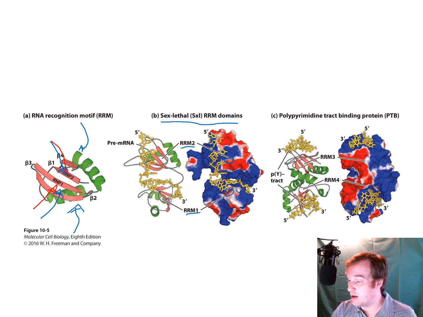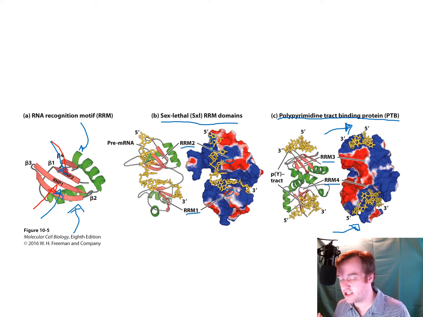And that is to, remember, prevent this 3D structure from occurring that's not supposed to happen. Then lastly, as you can see in part C here, this polypyrimidine tract binding protein, or PTB, has the domains RRM3 and RRM4. There are still these RRM domains, but they are facing more outwards. So you see that the binding of the mRNA occurs kind of on the outside of the protein.